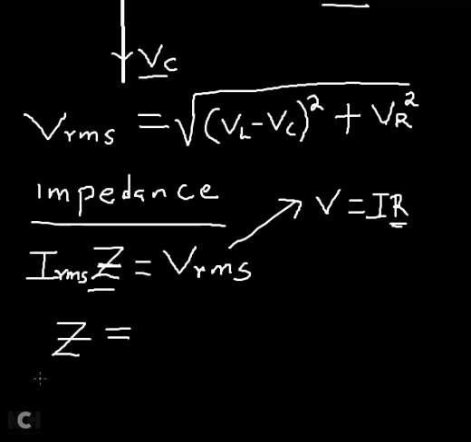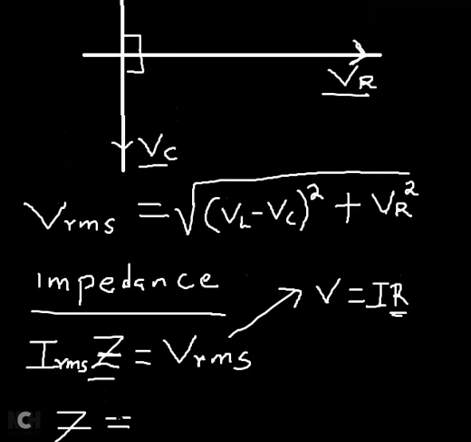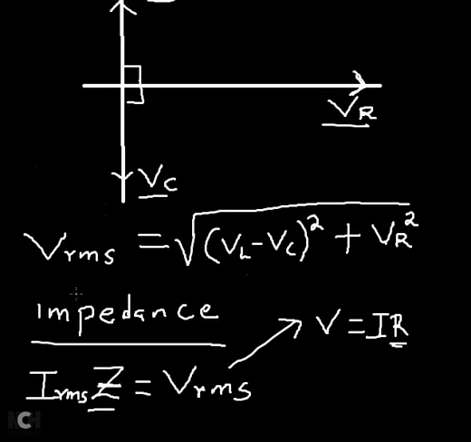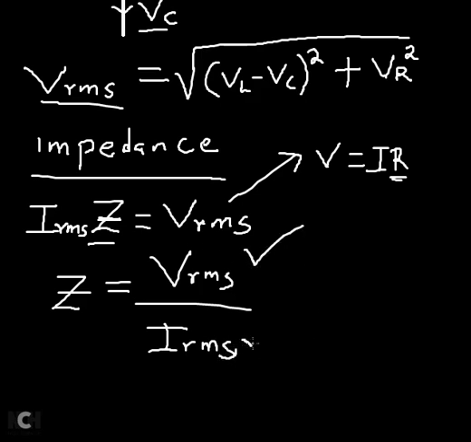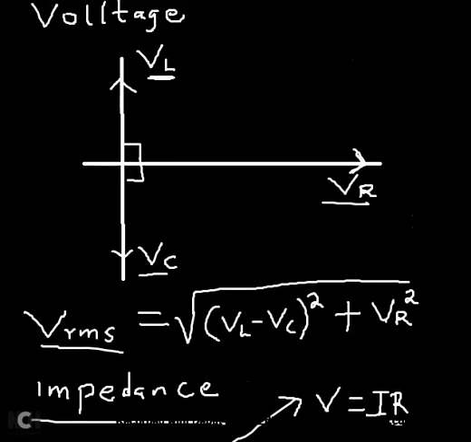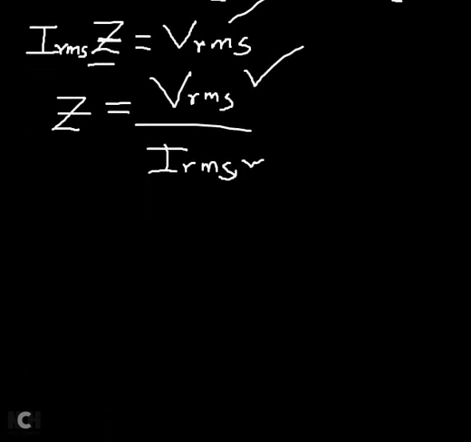So the impedance of the alternating current circuit can be evaluated if we already know the VRMS, then we divide by the IRMS. That is one way of evaluating the impedance. If we know the effective voltage and the effective current, when we divide them, it will give me the impedance.